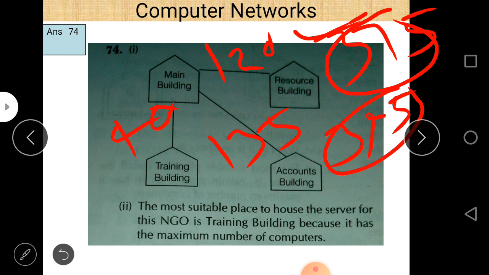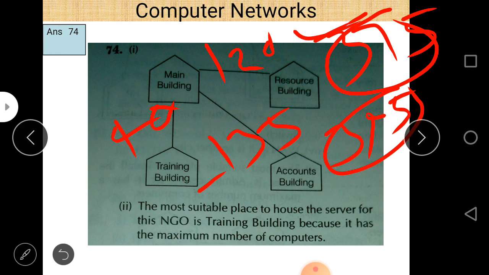In this type of question it is possible that there are two different answers. So don't worry about that, just focus on two things: first, reduce cable length, and second, try to connect directly to the server room. In this case especially, all the buildings are directly connected to the server house, that is the training building, and the cable length is also reduced to 375.